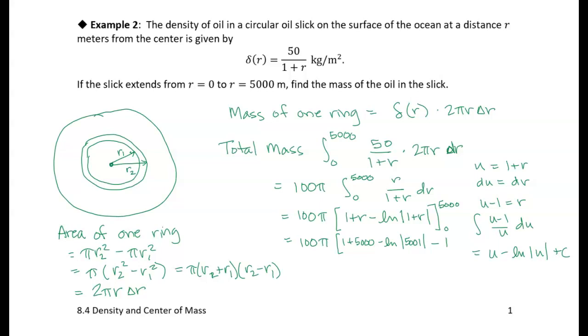So everything is 0 except for this 1, so it's just going to have a minus 1 there. So I have plus 1 and minus 1. Those will cancel each other out, and then I can evaluate an actual number. If I put this into my calculator, this is approximately equal to 1,573,472 kilograms of oil. All right, so I'll see you in the next video.